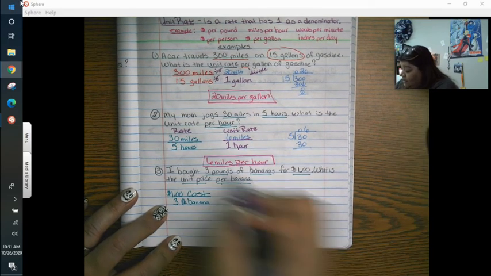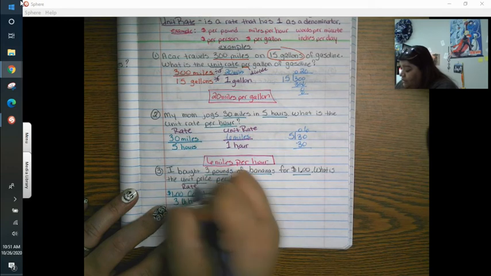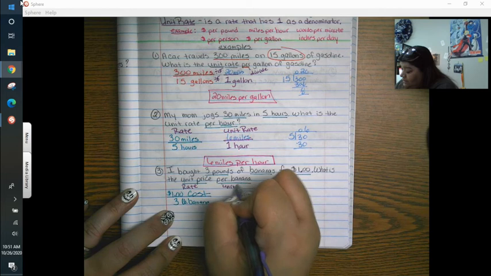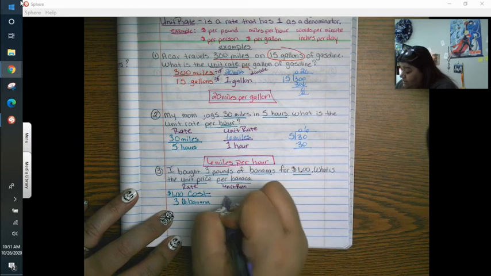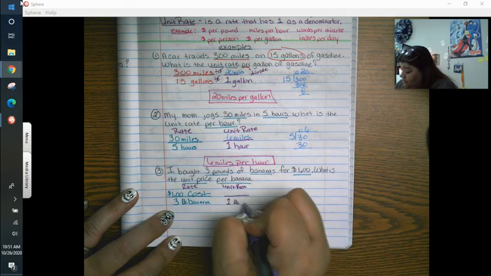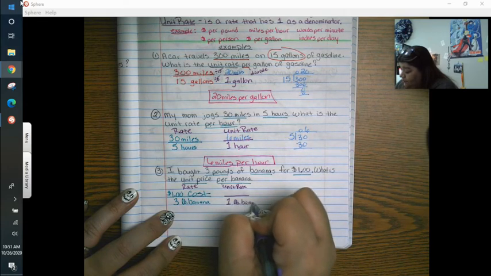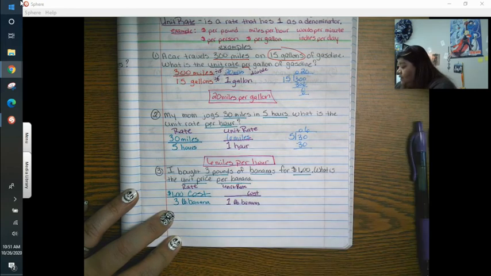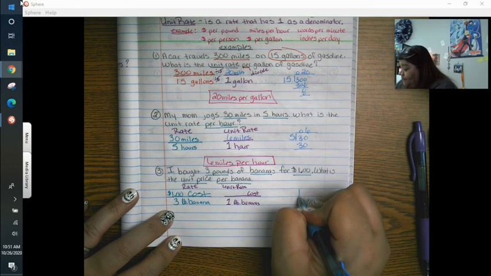Now, this is the rate, $1 for 3 pounds. I want the unit rate, our unit price for 1 pound of bananas. Okay, and we're going to figure out the cost. So we're going to divide.